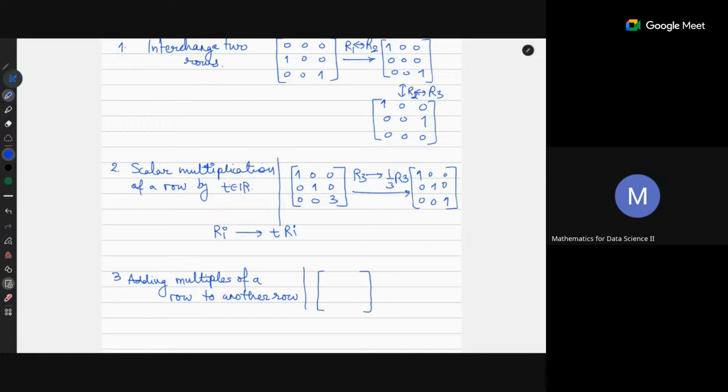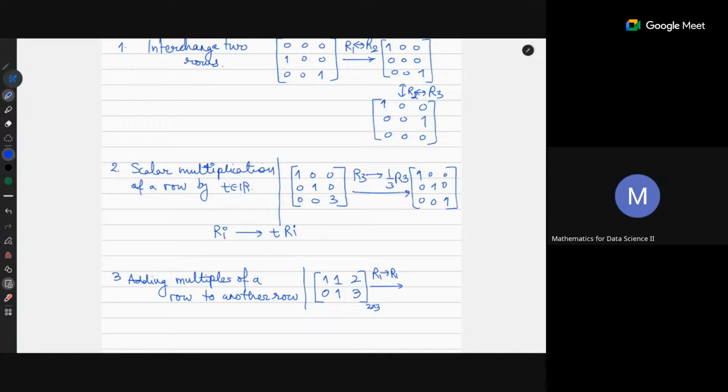Suppose you have this 2 cross 3 matrix, and you want to convert it into RREF form. So how will you do that? You can perform this operation.